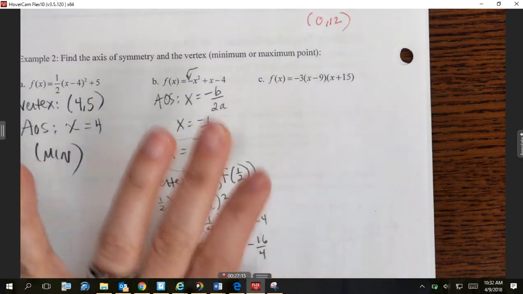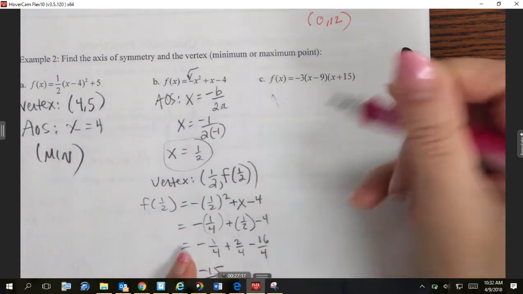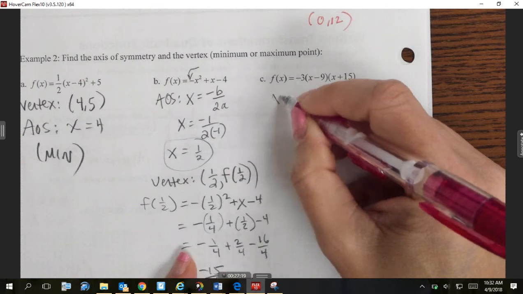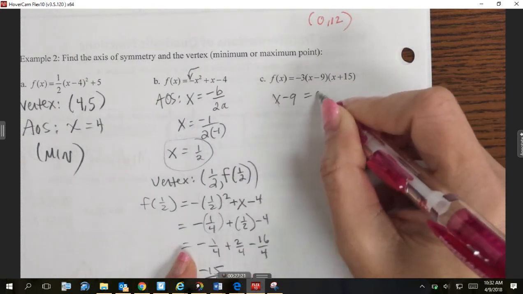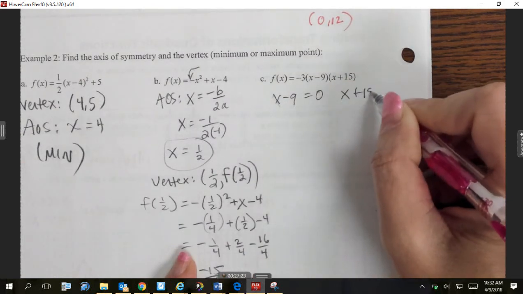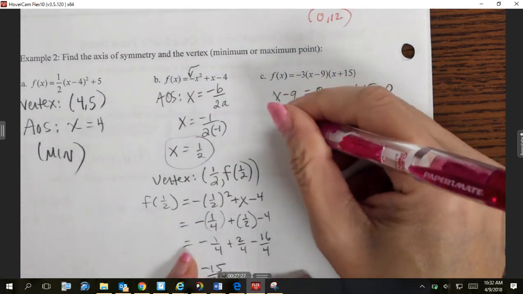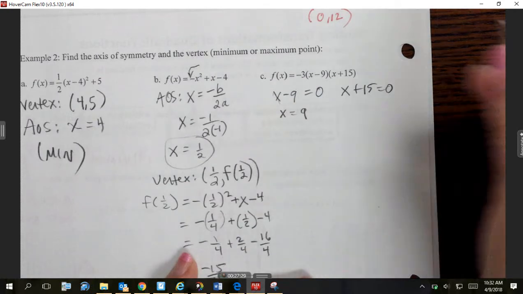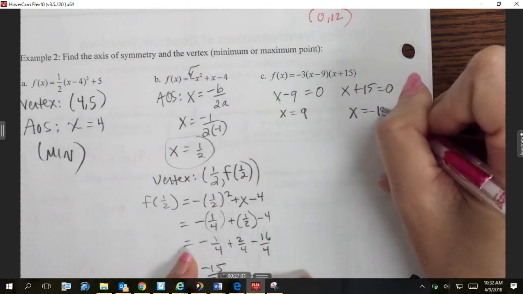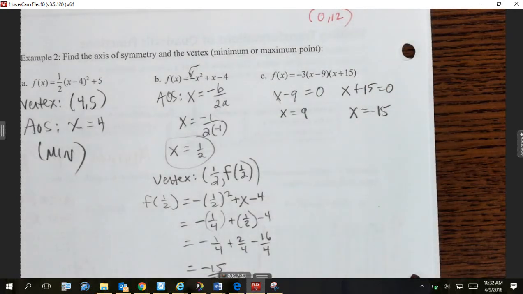So for C, we take each of our factors, x minus 9 and x plus 15, and we set it equal to 0. And we find that x equals 9 when y is 0, and x equals negative 15 when y is 0. So those are the x-intercepts.